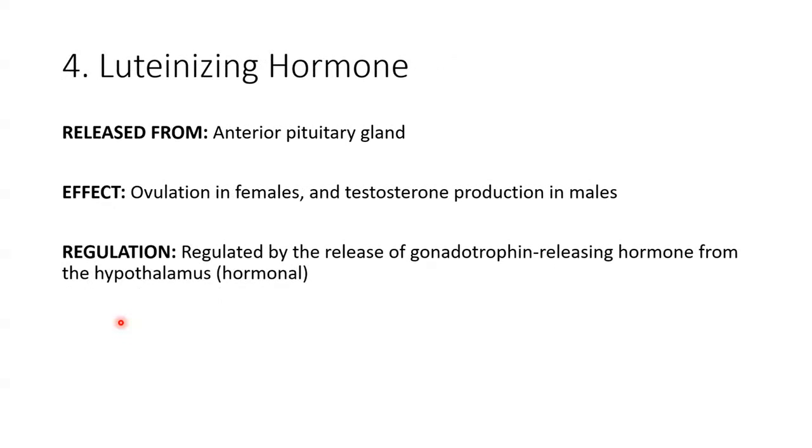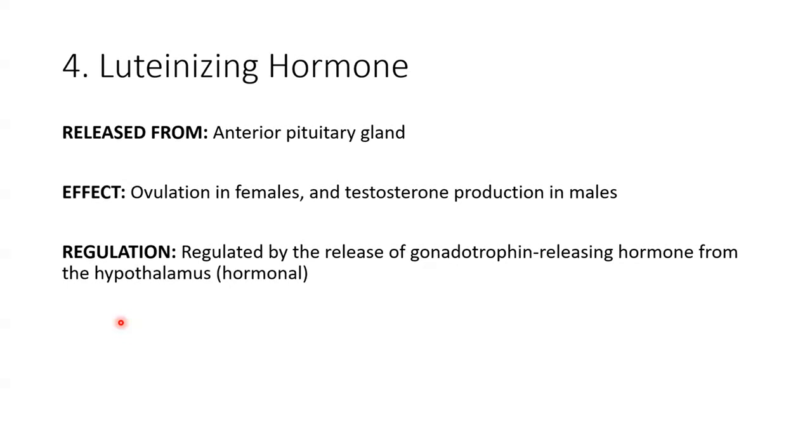Luteinizing hormone is another hormone involved in reproduction. In females, luteinizing hormone triggers ovulation, the release of an oocyte, or egg, from an ovary. Luteinizing hormone also stimulates the formation of the corpus luteum after ovulation. That's the sac-like structure left behind after an egg is ovulated, which temporarily produces progesterone for the body.